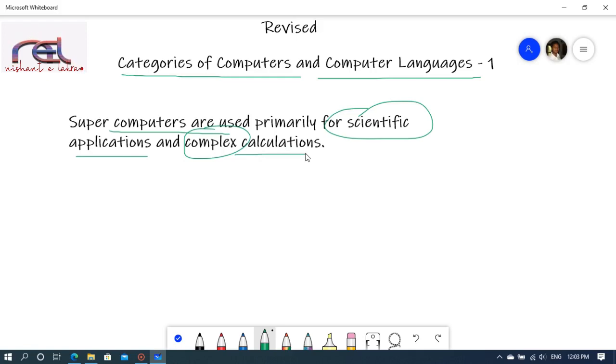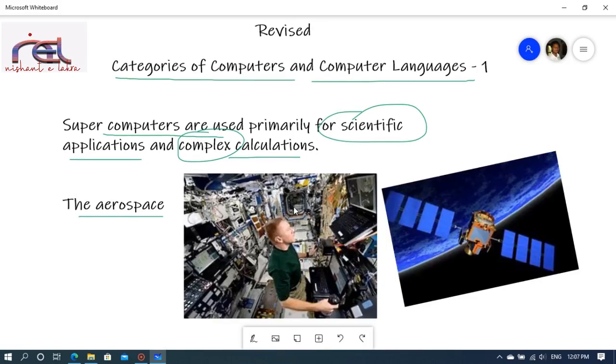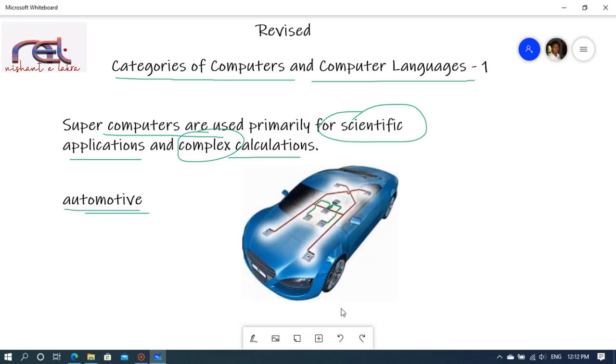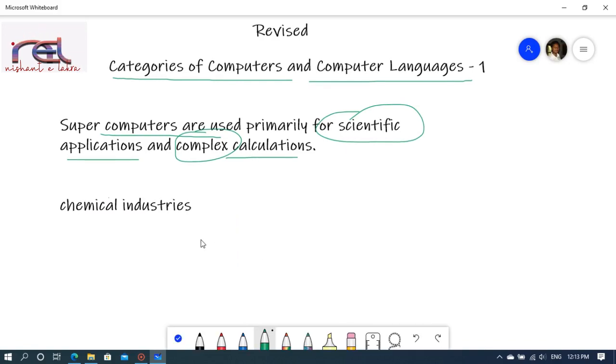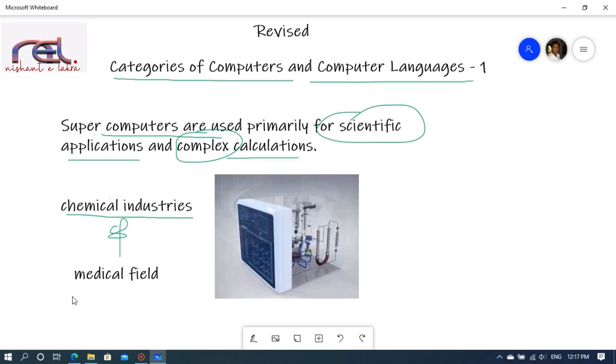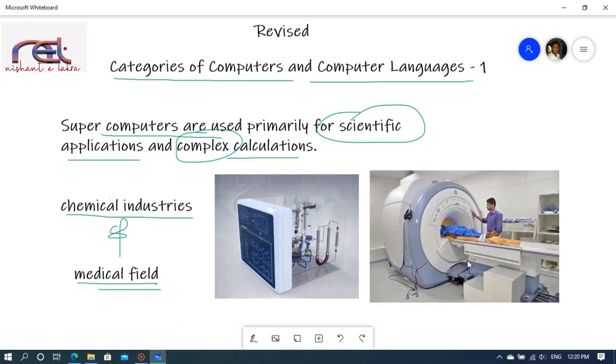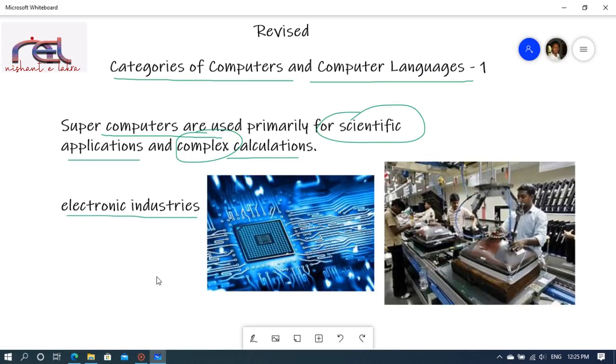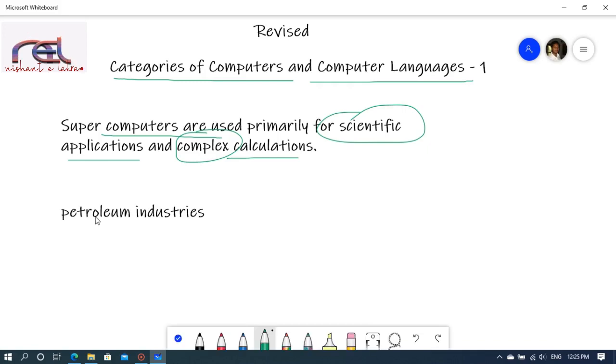For example, they are used in aerospace, in automotives, hybrid cars, in chemical industries, and also the medical field, for various purposes. They are used in electronic industries. They are also used in petroleum industries.